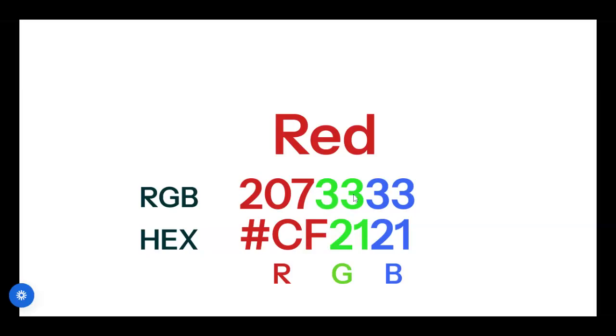This is 33, 33. So these are the RGB numbers for this red. For the same red, these are the hex numbers, which is CF 21 21. So for the hex values, the first two represent red, the second two represent green, and the last two represent blue.